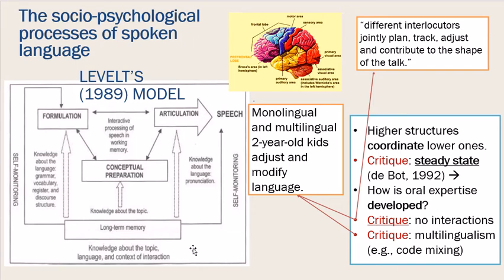For example, if you're talking about a restaurant, you know a lot of stuff about that restaurant, or you know a little bit about it, its location, or generally speaking what people do at a restaurant, and so on and so forth. Or about the interlocutor with whom you are speaking. That's your familiarity with the interlocutor and other aspects of the context of interaction. All of these are stored in your long-term memory.